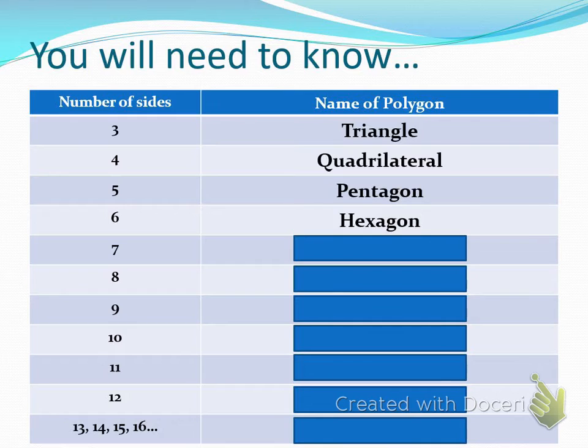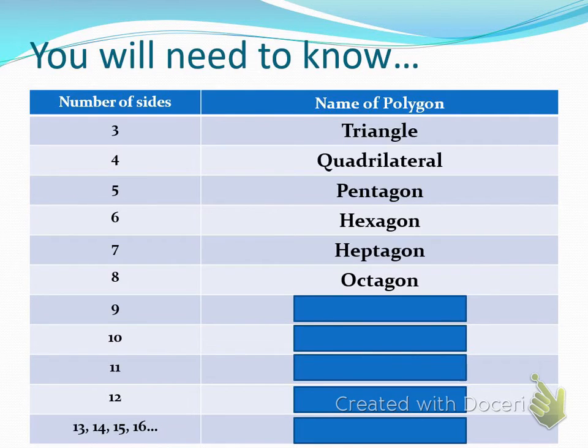A hexagon. 7-sided shape? Heptagon. They both have H's. 8-sided shapes, obviously, octagon. A 9-sided shape, nonagon. Ten sides, decagon.